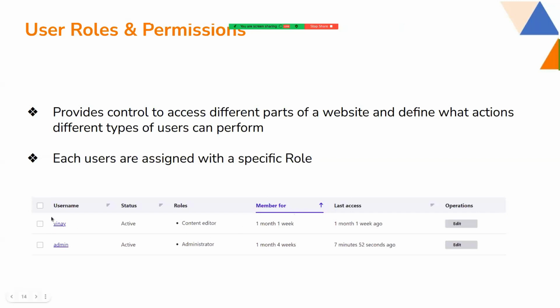Here, you can see this user is assigned the content editor role, and this is a user assigned the administrator role. Administrator acts as a super admin of your Drupal website. Also, you can assign multiple roles to a single user, depending on your site's functionality.